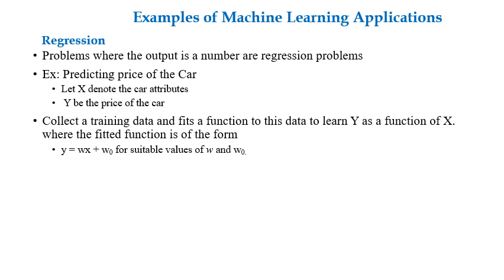In the training data set, both x and y will be present. Based on that, it learns what the attributes are and what the corresponding price is. Finally, when you apply the model to an unknown data set, it is able to predict the price of the car based on the attributes of the car. So this kind of problem comes under regression models.